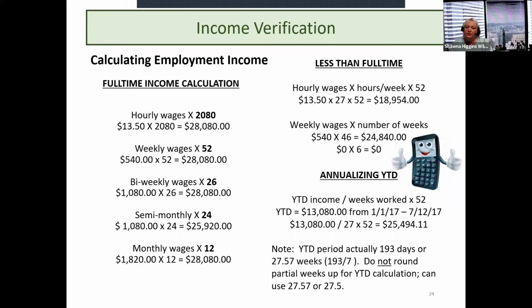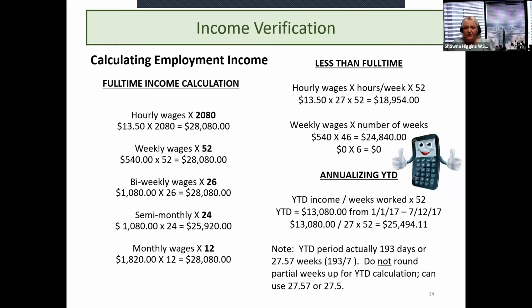So the 27.57, you do not want to round that up to 28. You can round it down, or you can use the exact amount, but never round it up.